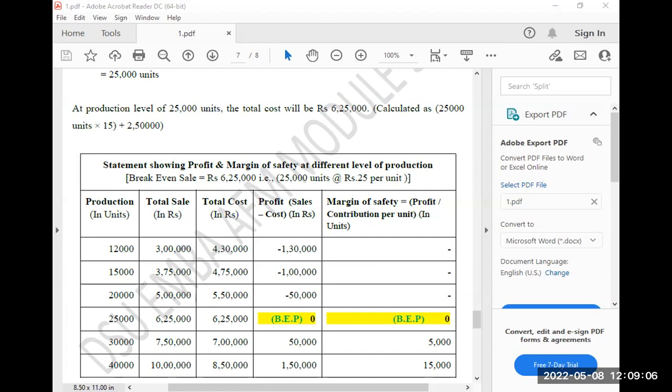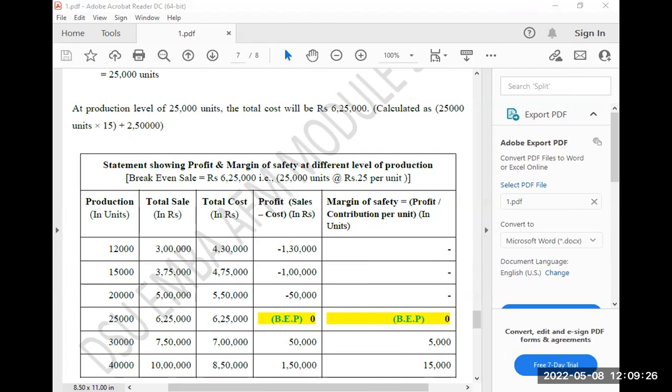Okay, write down point number 2. Selling price if break-even point is equal to 1,20,000 units.